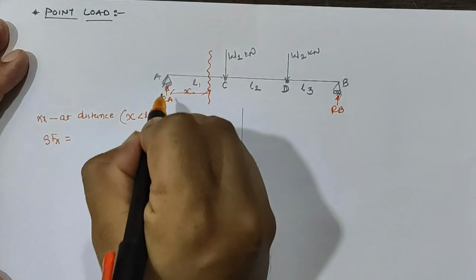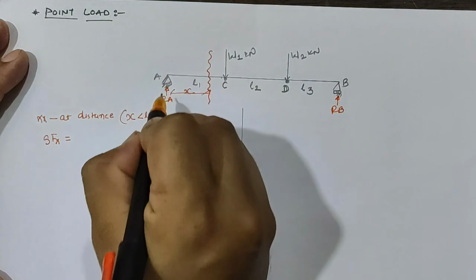Going ahead for the second case, if x equals L1, it means that our section is at point C, hence the shear force at the section, which is equal to the total vertical force from A to C, is vertical RA in the upward direction and vertical W1 in the downward direction. So our value is RA minus W1.